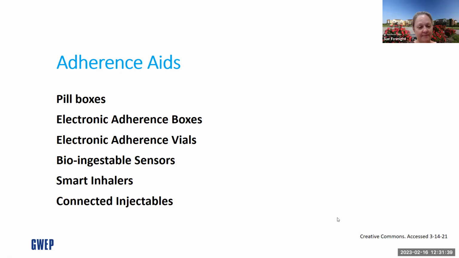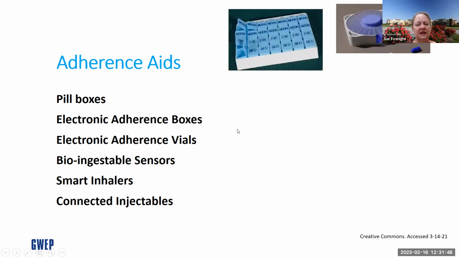All right, I just listed out some of the adherence aids, which would be pill boxes, but there are things that get a little bit more fancy. So there's the electronic adherence boxes. These are things that you can set up usually for a week or two at a time. A lot of times insurance does pay for a nurse to come out and set it up.